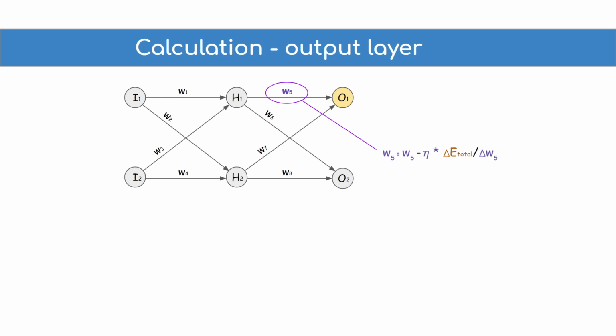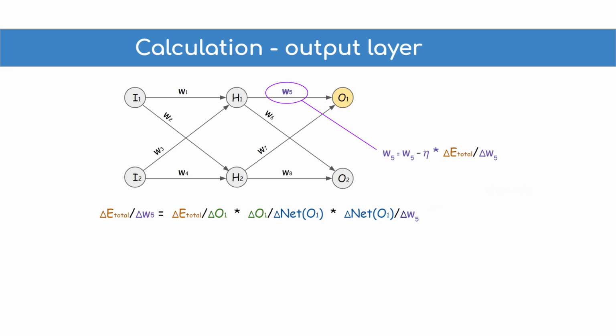We calculated the total error, and we need to calculate the derivative of this total error with respect to this particular weight. We cannot do it directly because it's not possible. We need to apply the so-called chain rule. It was invented by Leibniz, a very famous mathematician. So the goal is to optimize this weight, and that's why we are using derivatives to make it accurately.